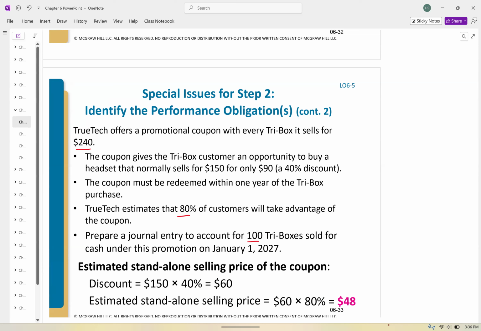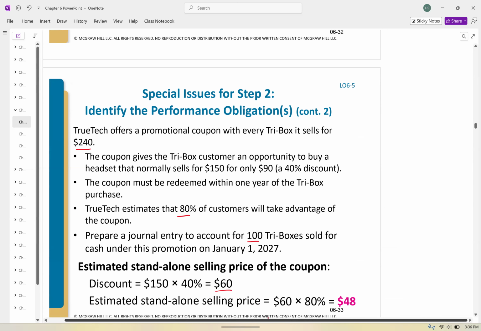Okay, so we have an estimated standalone selling price of the coupon. Okay, discount 150 multiplied times 40% gives us 60. They said estimated standalone selling price 60 multiplied times 80% gives us 48.